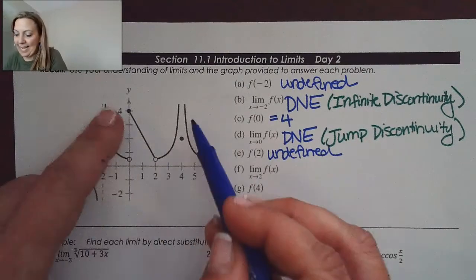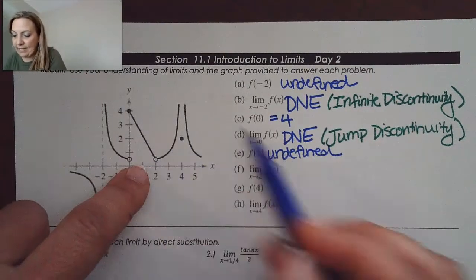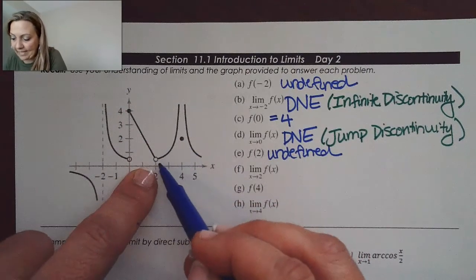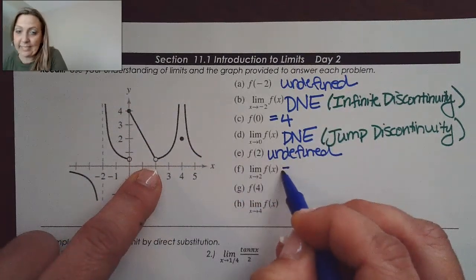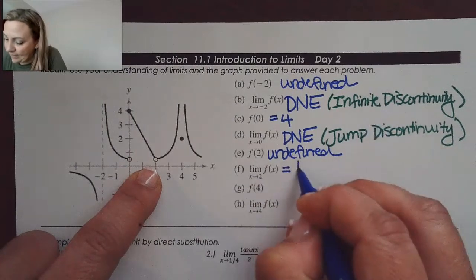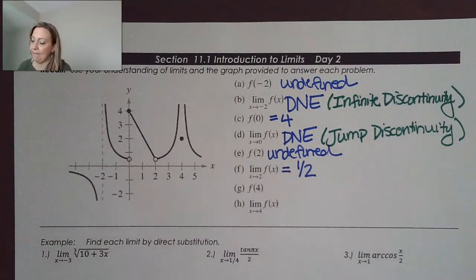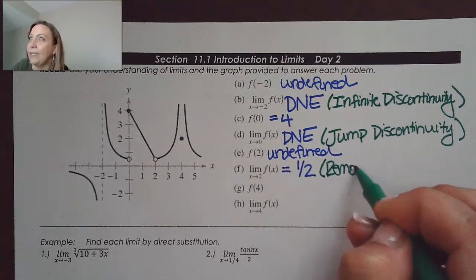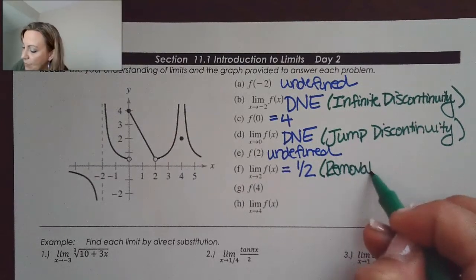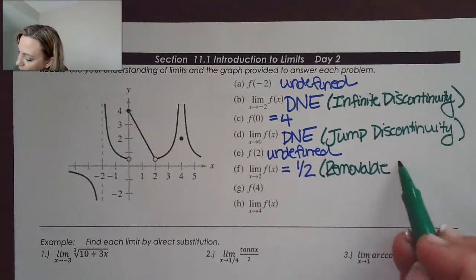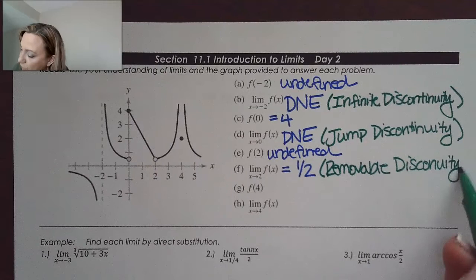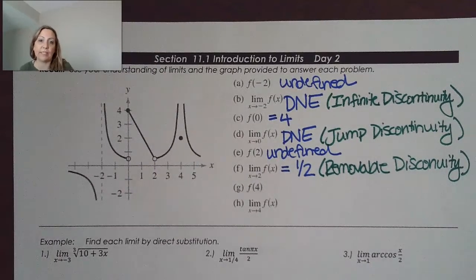So again, even though it's undefined, because it's approaching that same open circle from both sides, the limit does exist. And I'm going to say that that's about 1/2. And remember that it's okay for a limit to exist even though the function doesn't exist when there is a removable discontinuity. So remember, with removable discontinuities, limits can still exist.